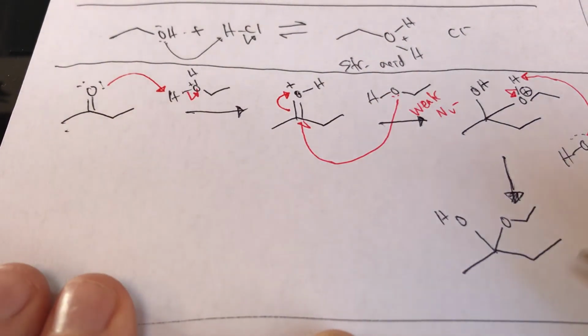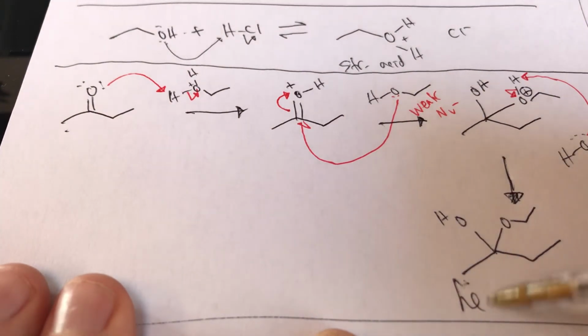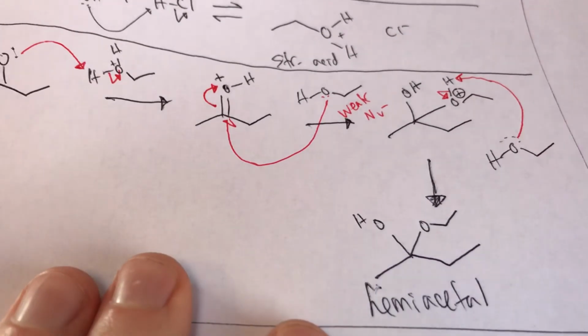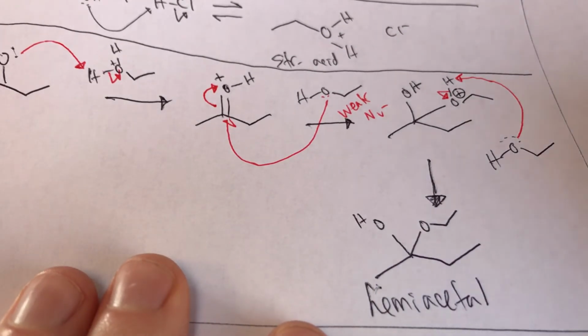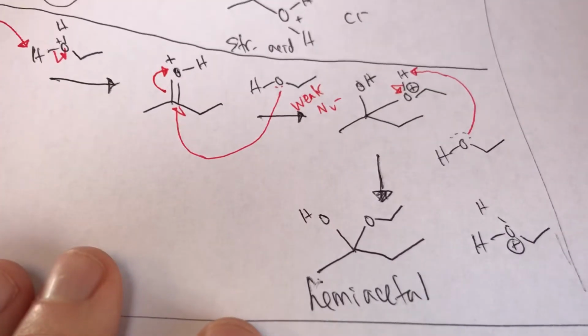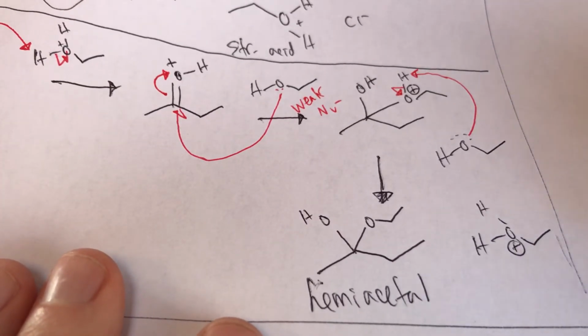All right, and now I'm back to hemiacetal. And my alcohol, which I slid off screen there, sorry about that, is going to form H3O+ again. Or sorry, the protonated alcohol that's similar to H3O+. So then I've got it back again, right?